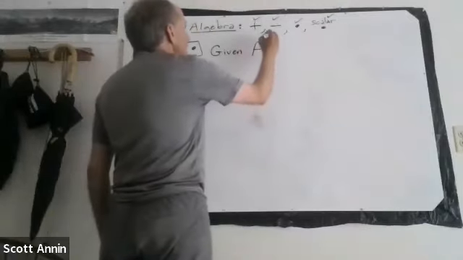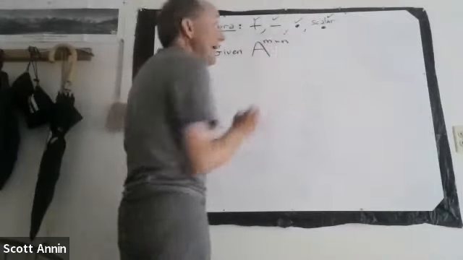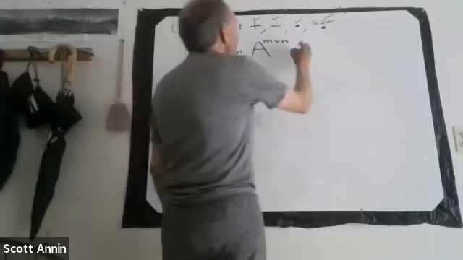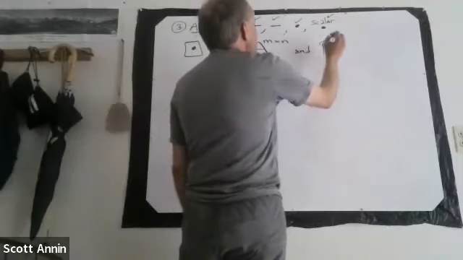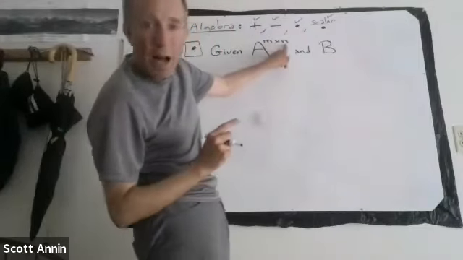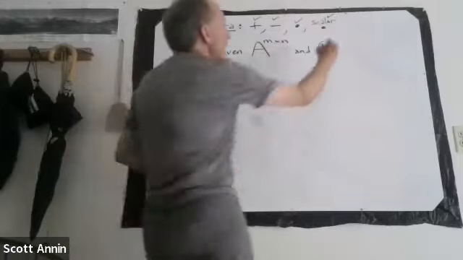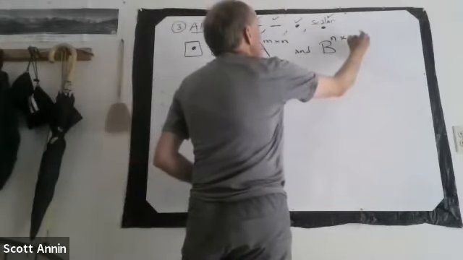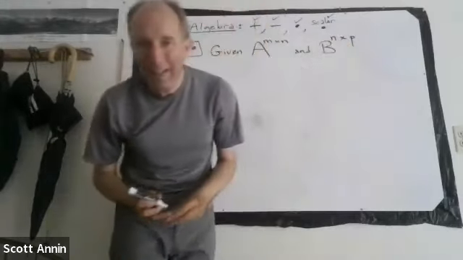Given the matrix A, and I'm going to assume that that matrix is m by n, and another matrix B, and here's the important thing about B. The number of columns of A has to be the same as the number of rows of B. Isn't that weird?